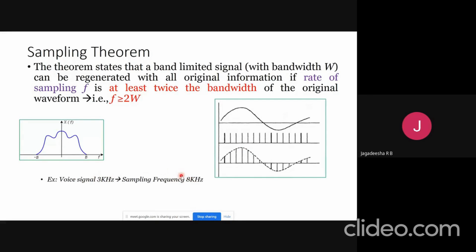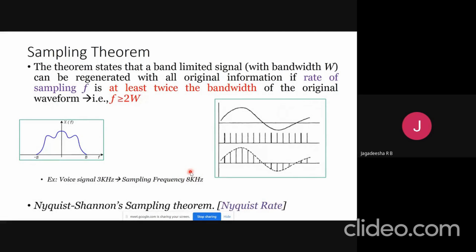Since 8 kilohertz is greater than 3 kilohertz, this relationship is obeyed here. In order to sample a 3 kilohertz signal, we need at least 6 kilohertz or more than that. That is what this says: the sampling frequency is at least 2 times the bandwidth of the signal. So we use an 8 kilohertz signal to sample in case of telephony.